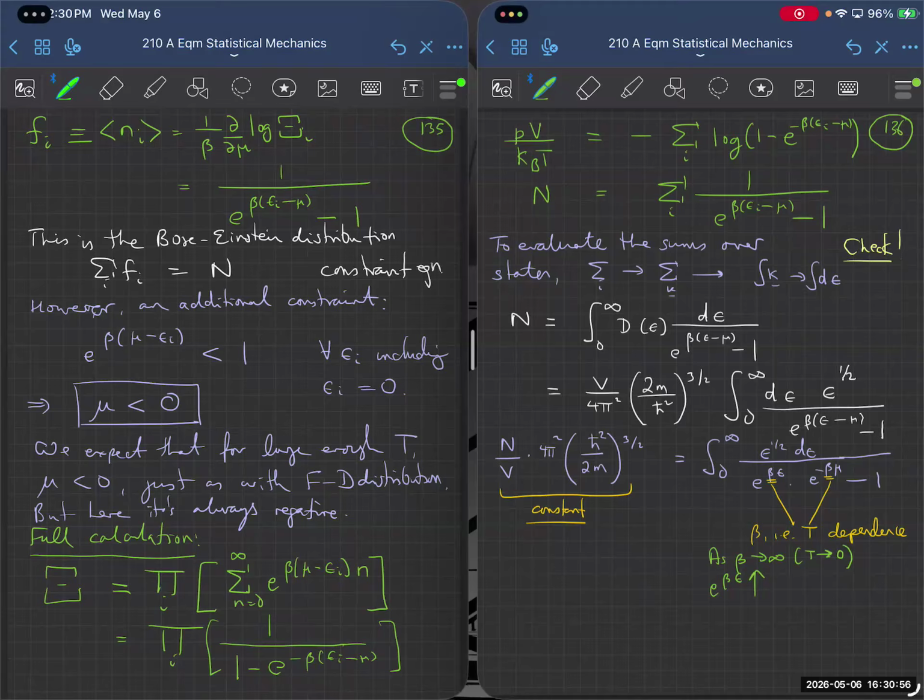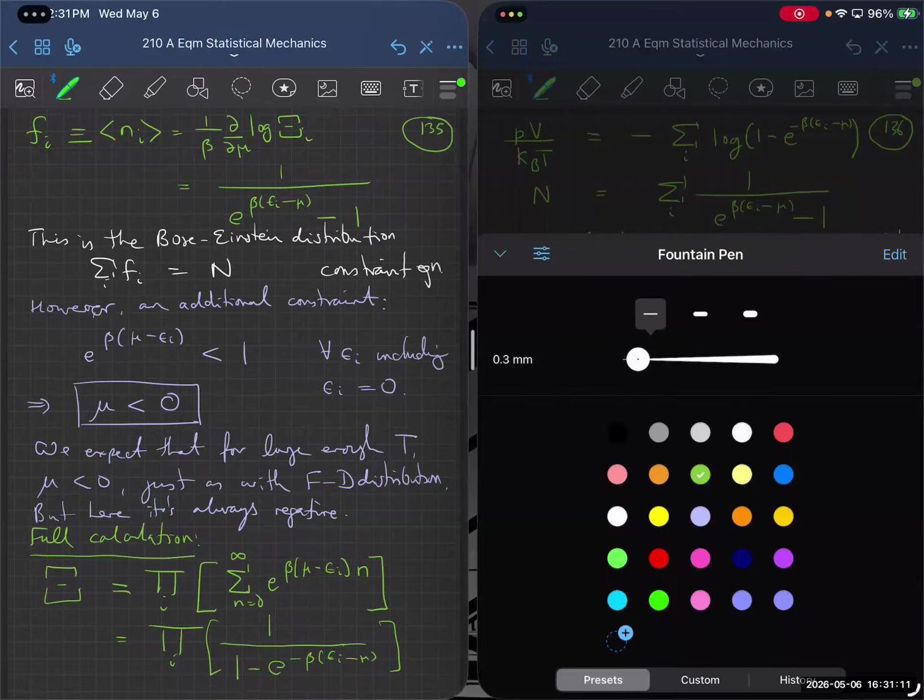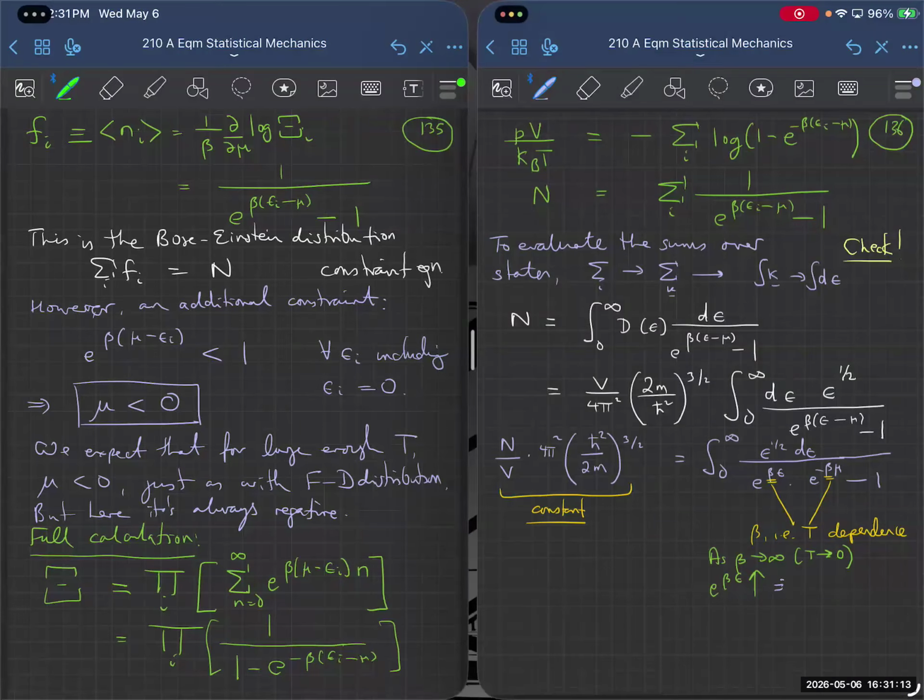For any fixed epsilon, as I make beta go to infinity, e to the beta epsilon is going to increase. If e to the beta epsilon is going to increase as beta goes to infinity, then that means that e to the minus beta mu must decrease to compensate.